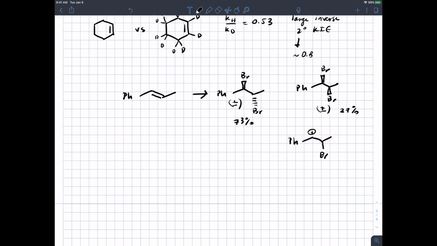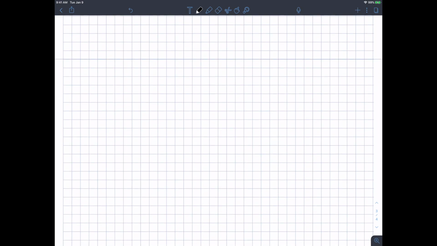What else do I want to say about this reaction? There is evidence for a contribution of single electron transfer. So if you watch the UV-vis as this reaction is happening, you see a transient band that disappears as the bromonium ion forms.